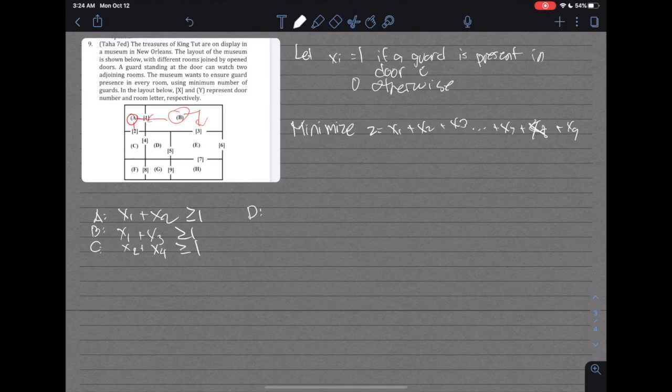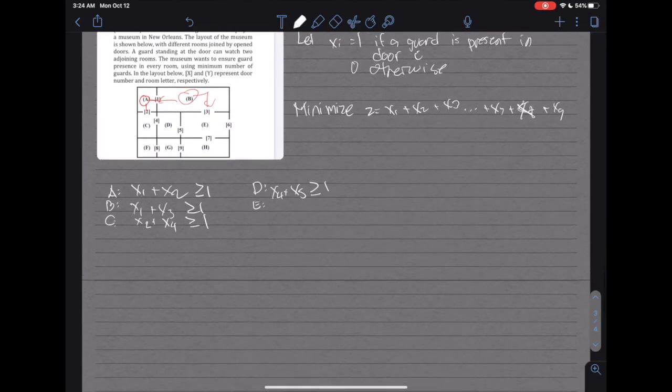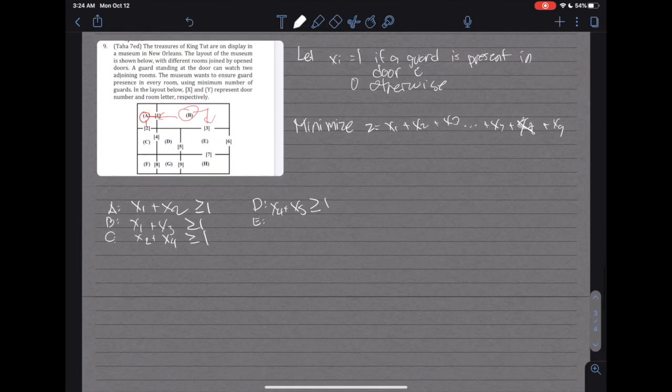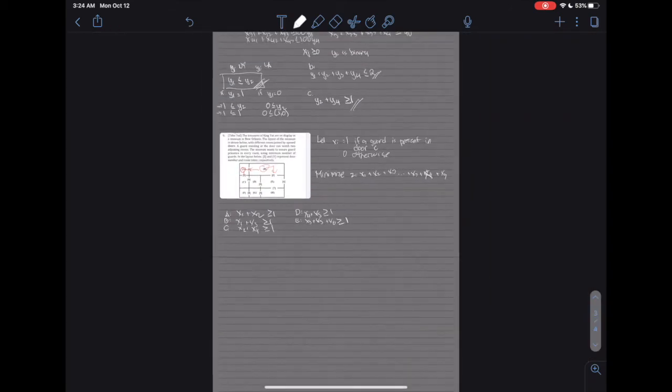For room D, that's x4 plus x5 is greater than or equal to 1. For room E, that's x3 plus x5 plus x6 is greater than or equal to 1.